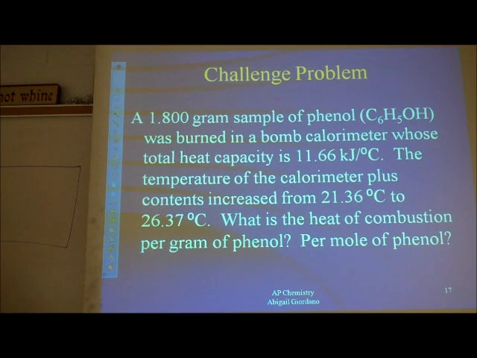A bomb calorimeter has an outer chamber and an inner chamber. Where does the chemical reaction take place? Okay. So let's put that phenol in there, C6. What's in this space between the 2 chambers? Water.